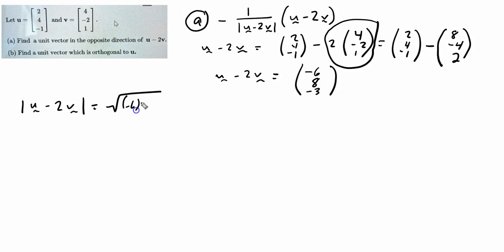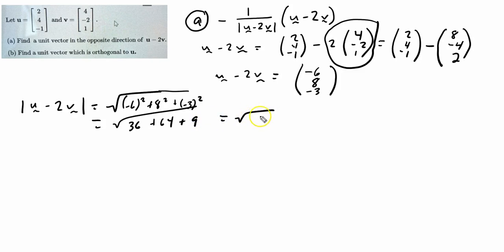So negative 6 squared plus 8 squared plus negative 3 squared. That's going to be the square root of 36 plus 64 plus 9. And that should give me the square root of 109.